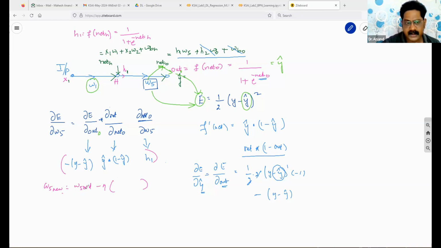That updated weight will try to reduce the overall error function, because you have provided the gradient. With this much magnitude of change in the weight, we are trying to reduce the overall error, right? That is our goal. Parallelly, we are going to see what is happening with W1.